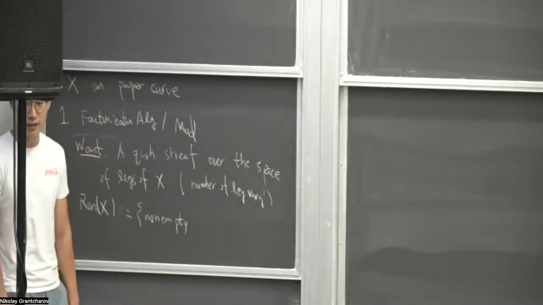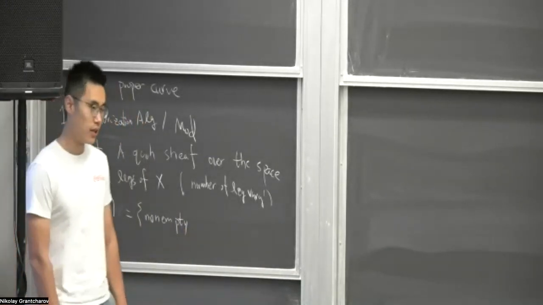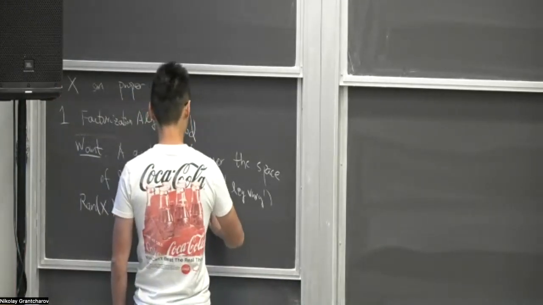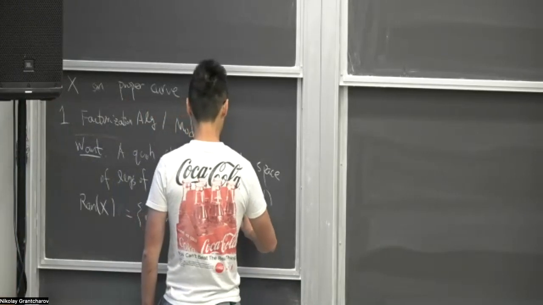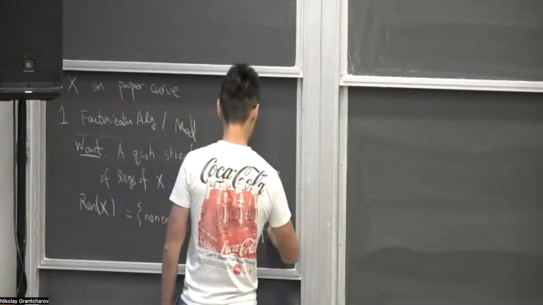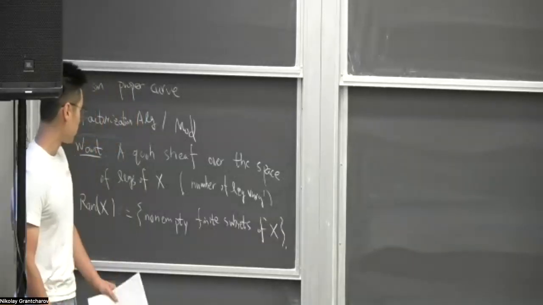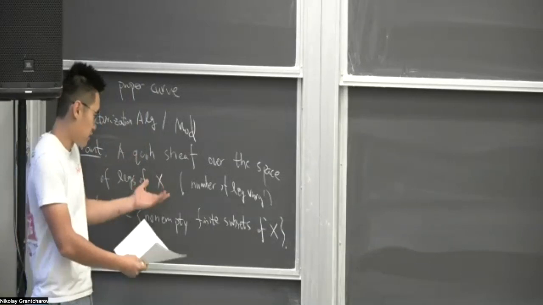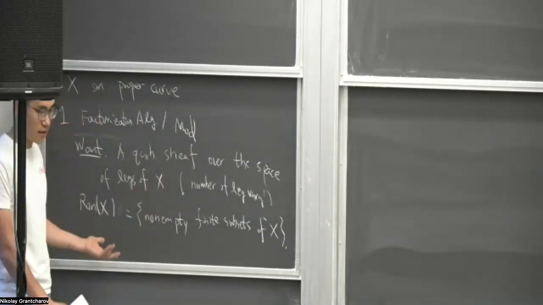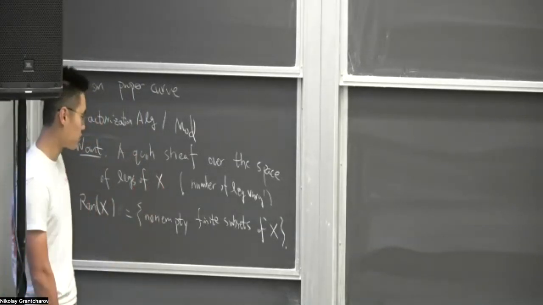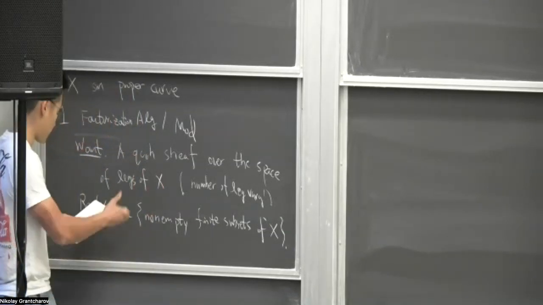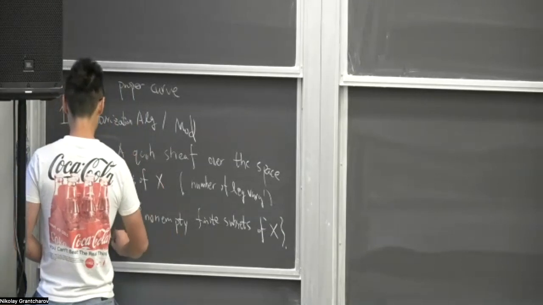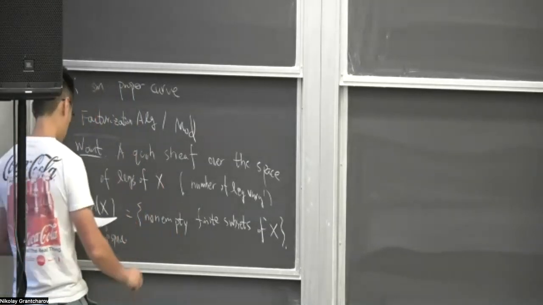It should be just classifying non-empty finite subsets of X. And such a quasi-coherent sheaf should be a quasi-coherent sheaf over Ran X, but that doesn't make sense because I haven't given Ran X an algebraic space structure, and actually I don't think it has a good algebraic space structure. But let's say for a topological space, it has a good topological structure.